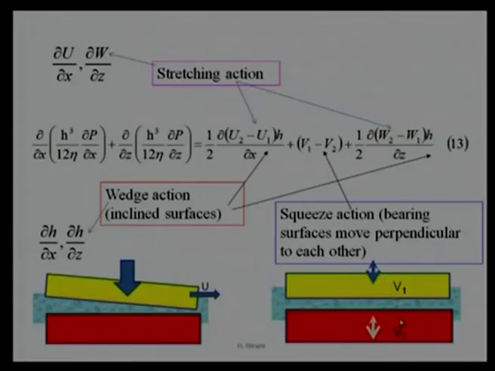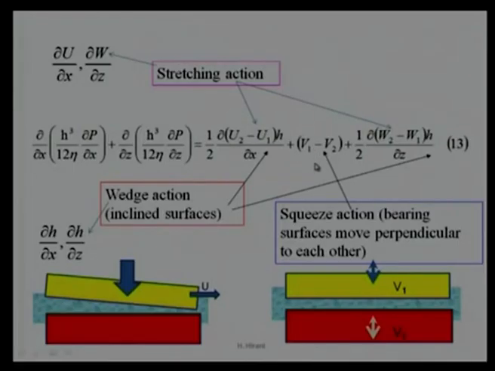The change in film thickness may happen if there is a relative velocity, with this plate moving up and down. There will be a change in h, and that will be a source term to develop pressure. Because of this squeeze action, there will be pressure generation, or in other words, whatever source term we choose, there will be pressure generation. This is a hydrodynamic action, this is a hydrodynamic action, this is a squeeze action.